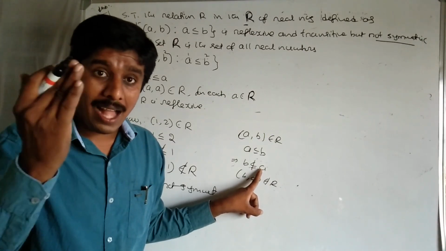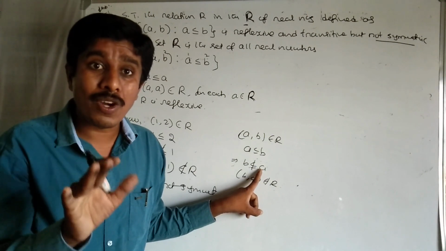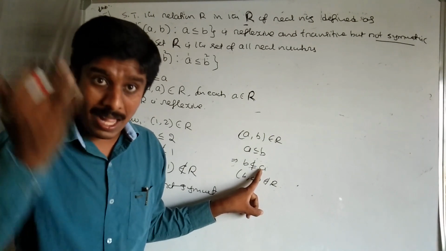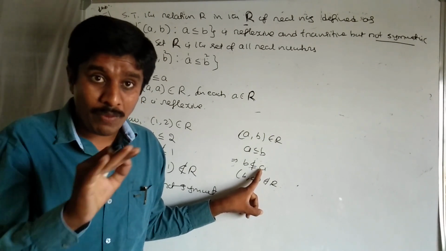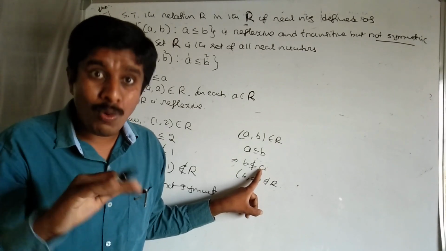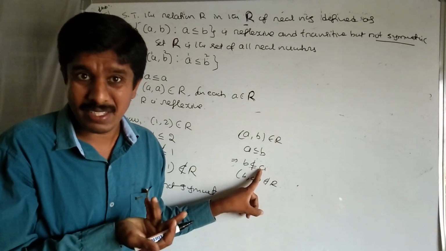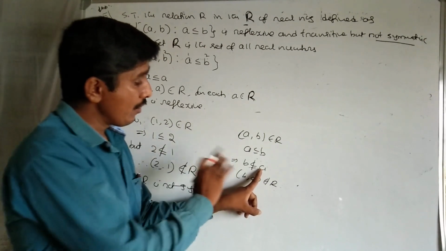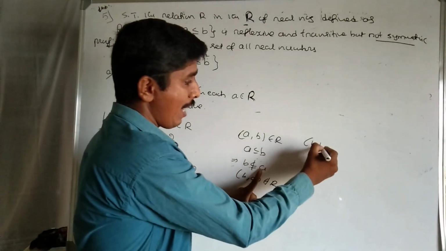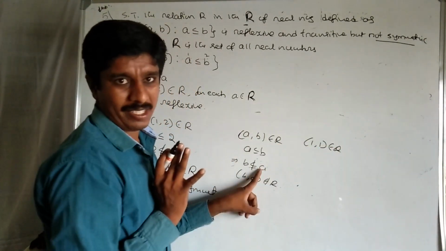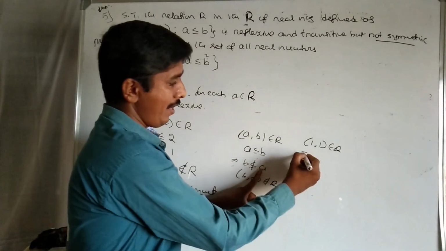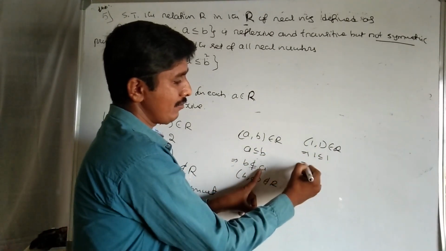So mind it. If all the subjects are passed in any course, the result will be promoted. If one subject or more subjects are failed, that is a failed result. Here also it is the same thing. Don't take it like this. Suppose you take only (1, 1). In this case it is symmetric. 1 is less than or equal to 1.